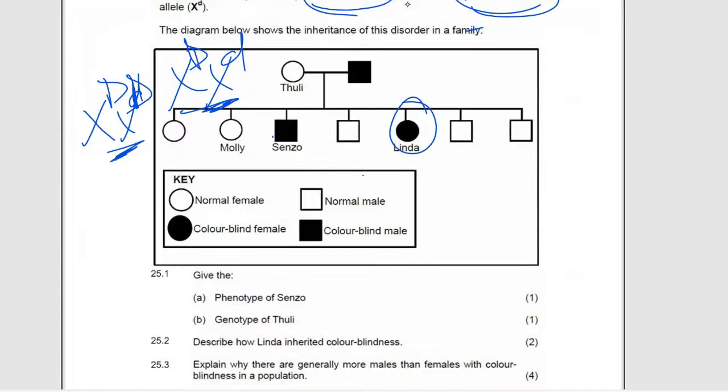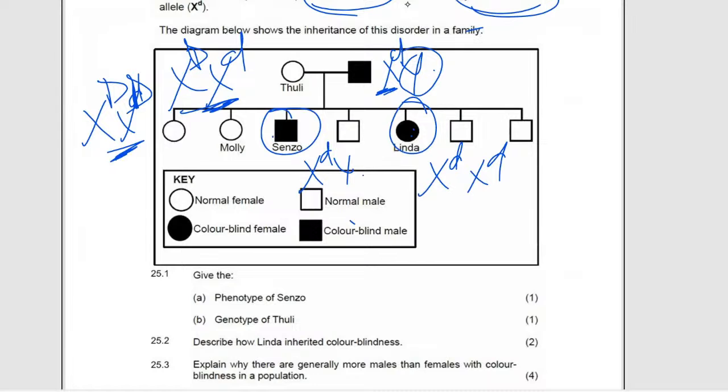Now we come back and find out that they have kids who are affected. So I'll say Senzo, and this one is small d, small d. You see, they're affected. So if this is X and Y, and this is a small d, then automatically to the male they will receive this, while to the female they will receive this.